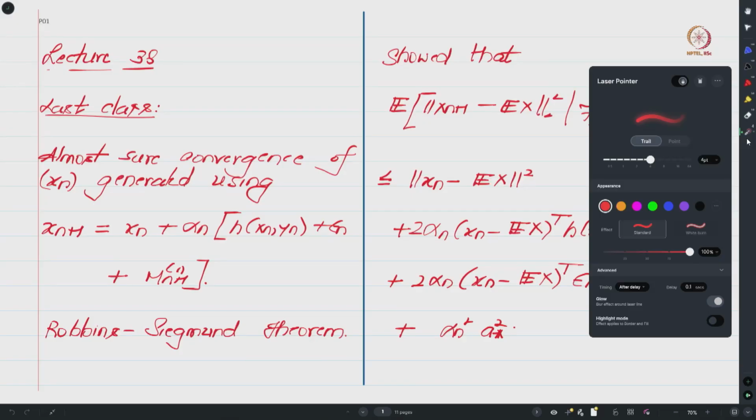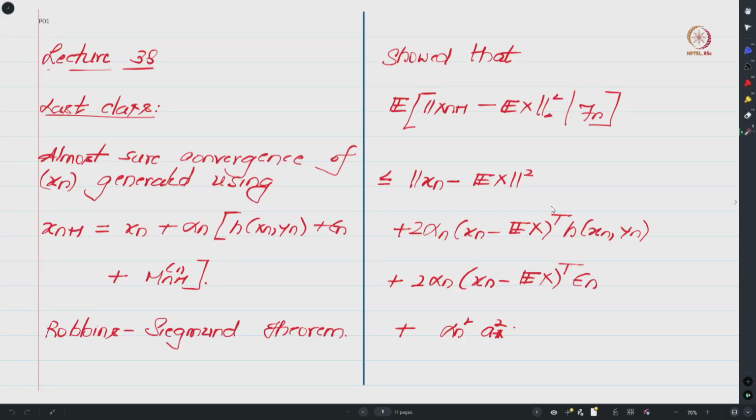As I said, we started looking at the convergence of the following algorithm, and we said that H has a particular form, and epsilon_n and M_{n+1} have suitable forms. In particular, this is a martingale difference sequence, and we wanted to make use of the Robbins-Siegmund theorem which I had stated in the previous class.